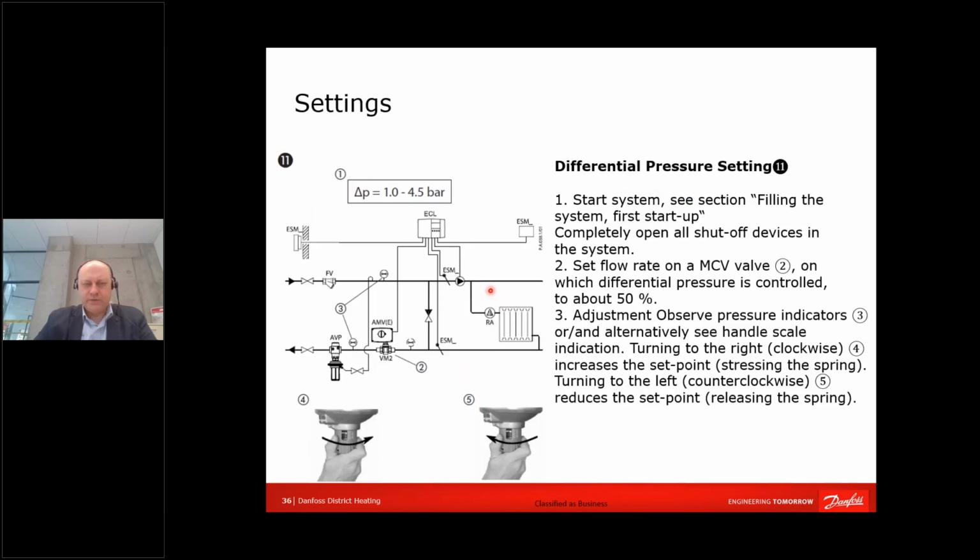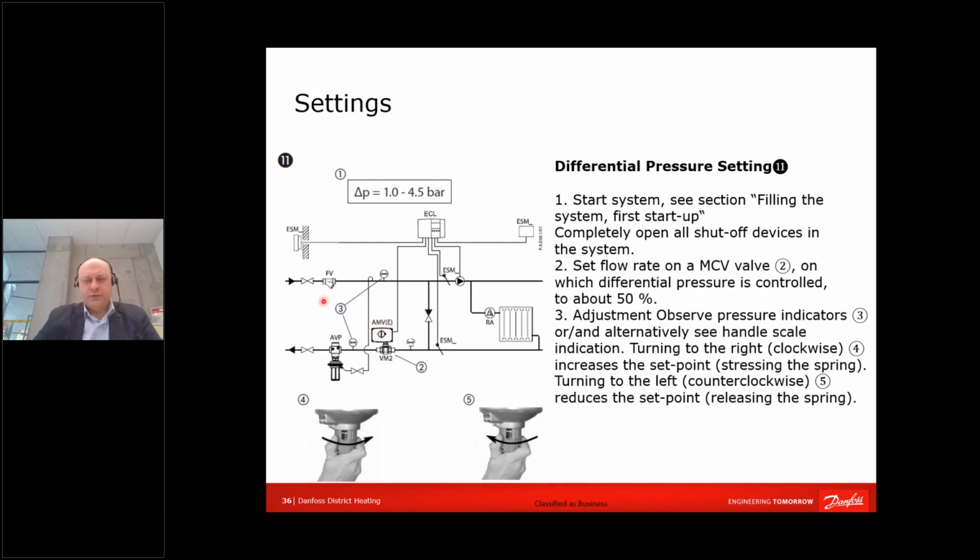When you're setting the pressure controller, you might look into the pressure indicators or manometers and set the pressure you need to be controlled. Some say that you have to open the control valve to 50% and then set your value. Some will say that if you would like to limit your flow, you open all the valves in the station you have.